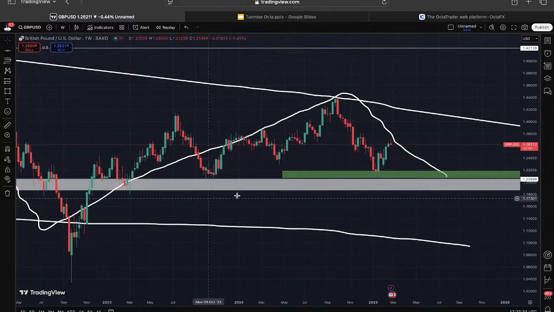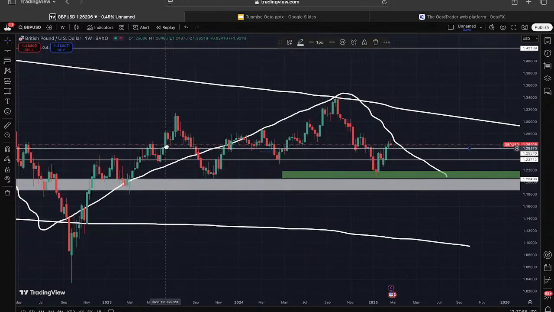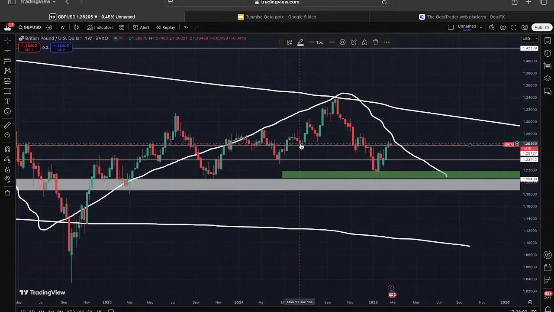You can see how price has been building up, momentum is building up. Now currently price is above this minor resistance turn support zone. This level is also a level to watch for price. There is a support zone here.